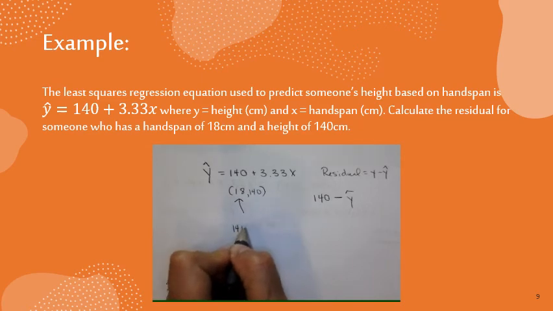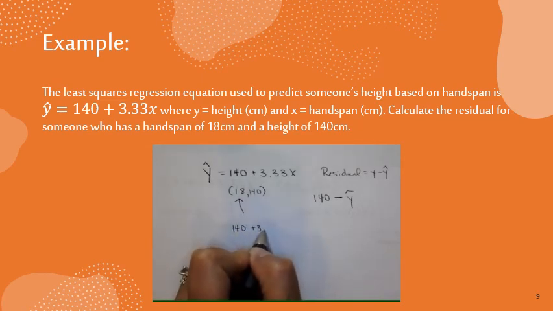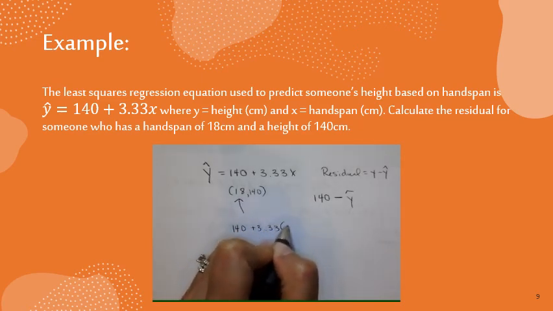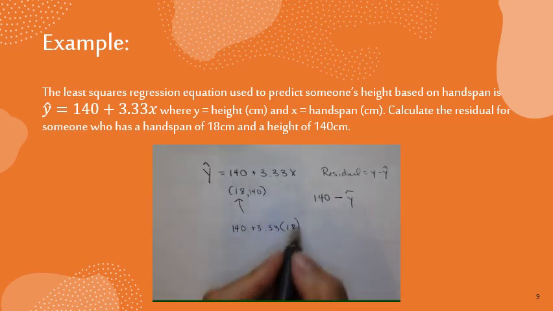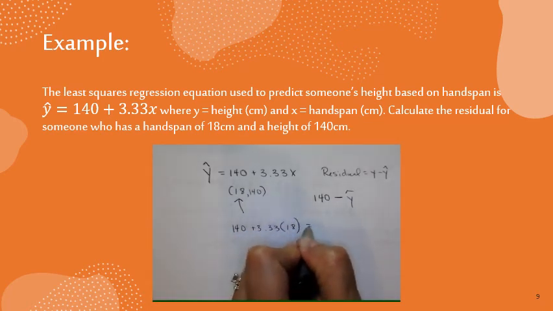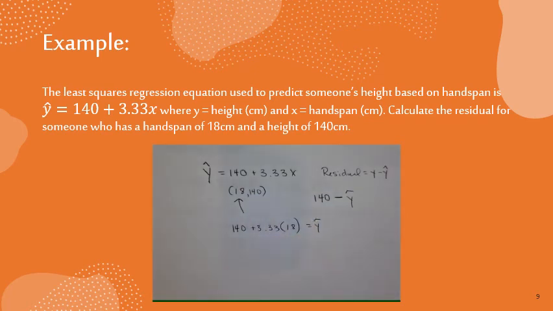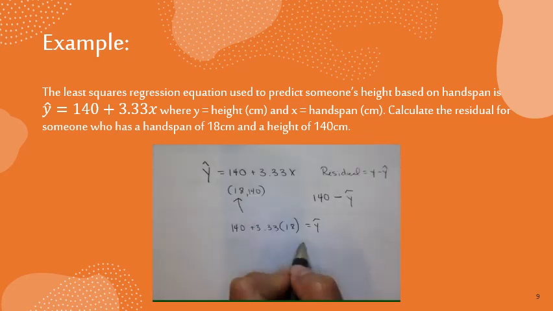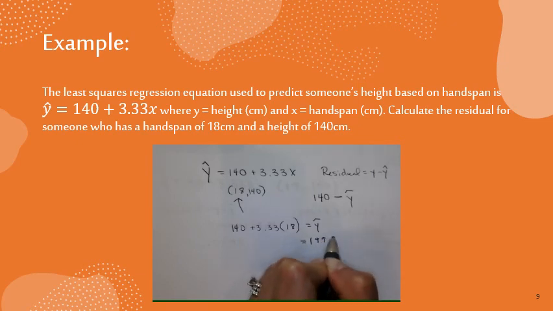So we're going to do 140 plus 3.33 times 18, and that is going to give us our y hat. If you type that in the calculator, you should get a prediction of 199.94. So that's what it's predicting.